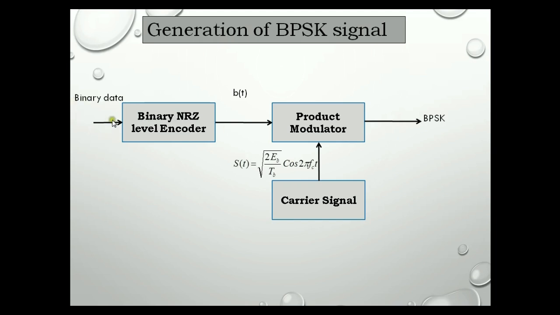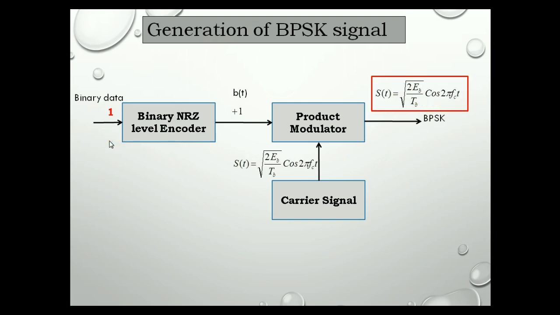Say for example, when we are transmitting a binary 1, the binary NRZ level encoder will be assigning plus 1 volt for binary 1. So now the product modulator will be multiplying plus 1 volt with the carrier signal in order to generate the signal s of t equal to square root of 2EB divided by TB cos 2 pi FCT.